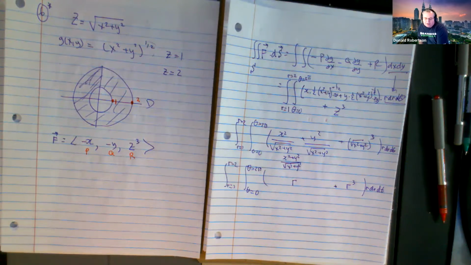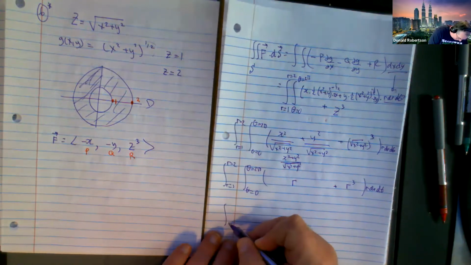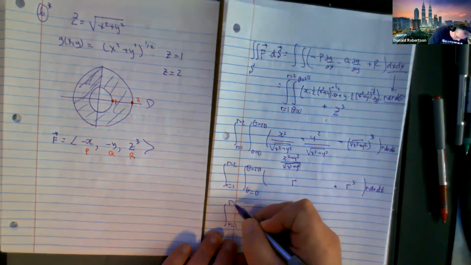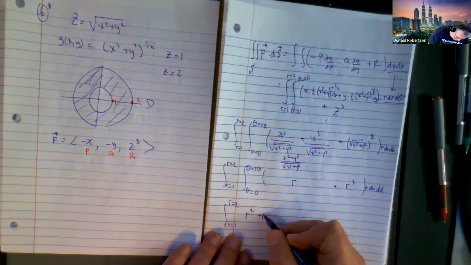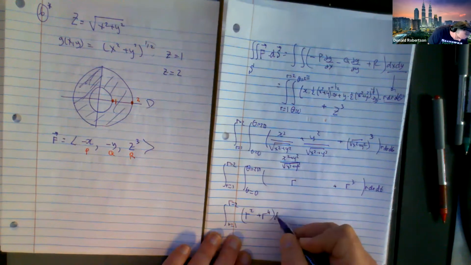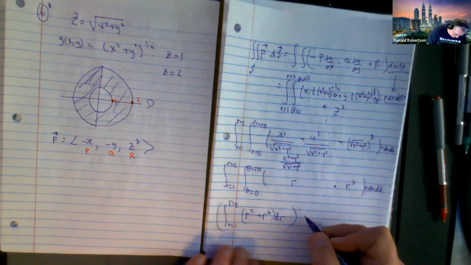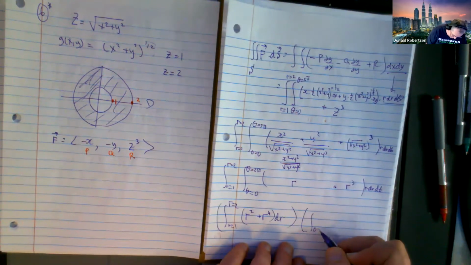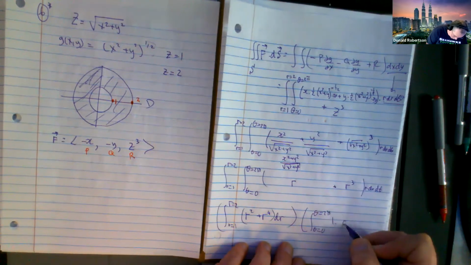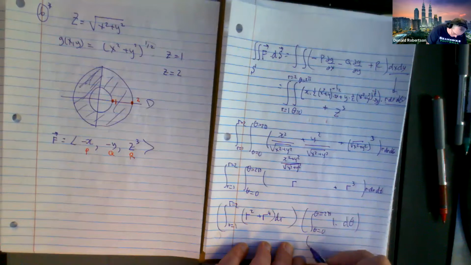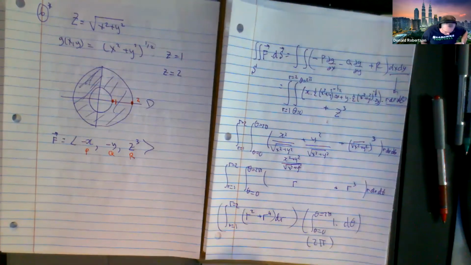Right, now, almost done. These are separable. And I'll multiply this out. I believe you get r squared plus r to the 4. And then I have theta from 0 to 2 pi. Don't have anything, so call it 1. This guy is 2 pi.